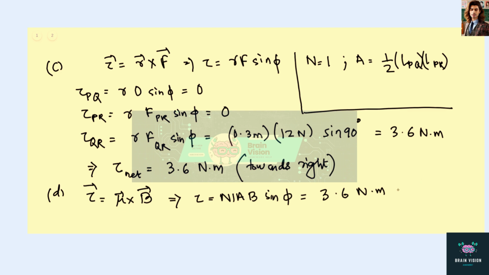And the direction can be found by applying the right hand rule on the moment and magnetic field.